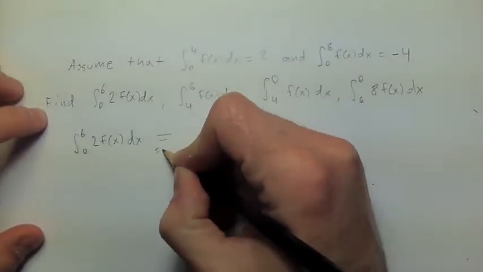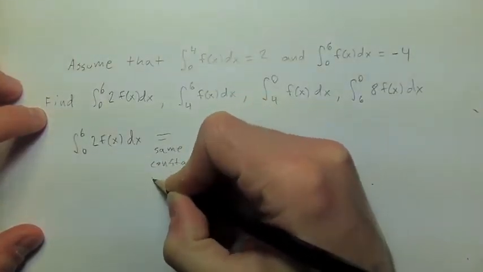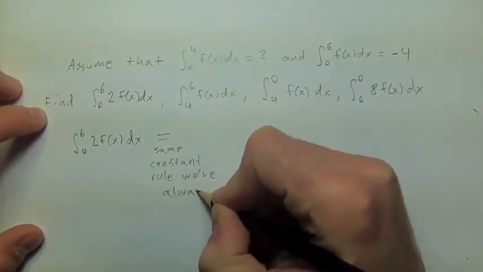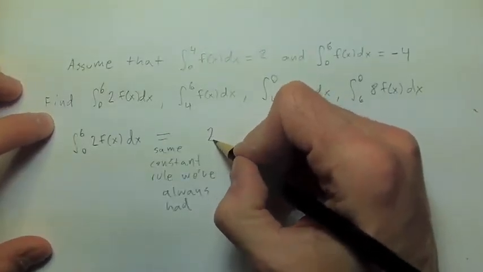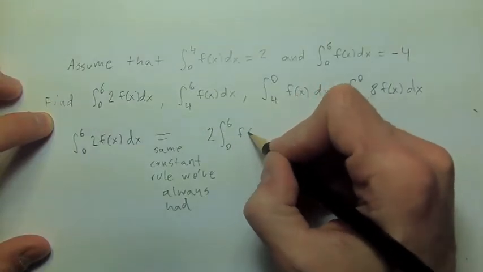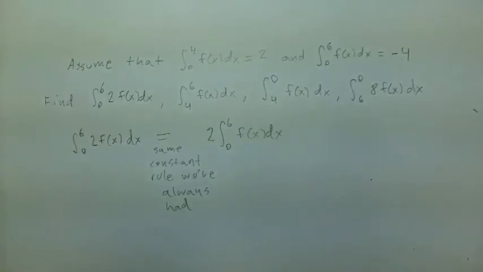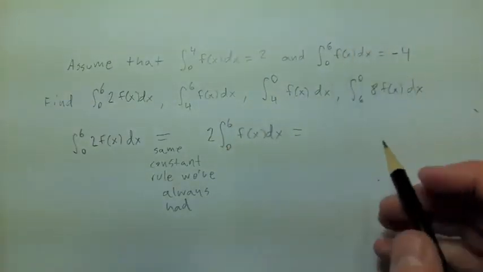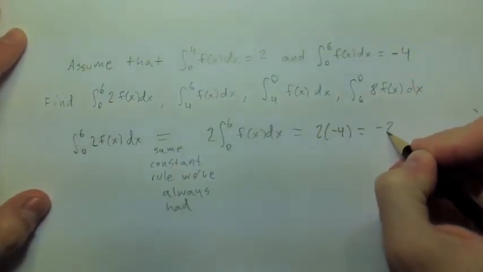So this is the same constant rule we've always had, which is that we can bring that 2 outside, so that will be 2 times the integral from 0 to 6 of f of x dx. And we know 0 to 6 is negative 4. So that's just going to be 2 times negative 4, which is negative 8.